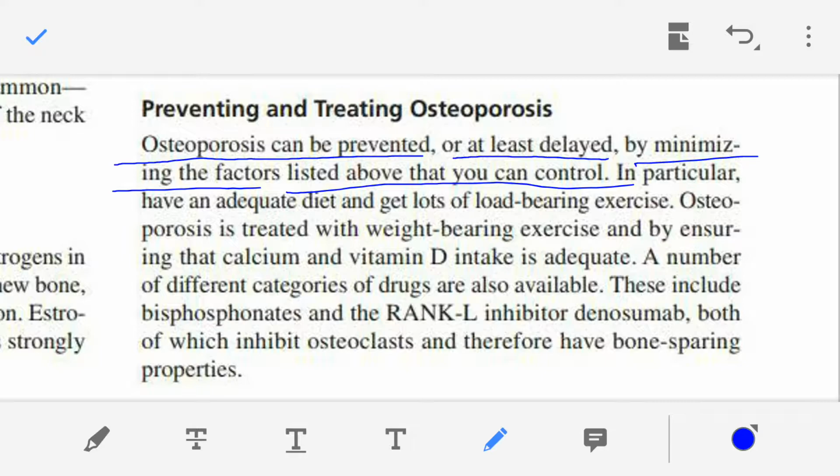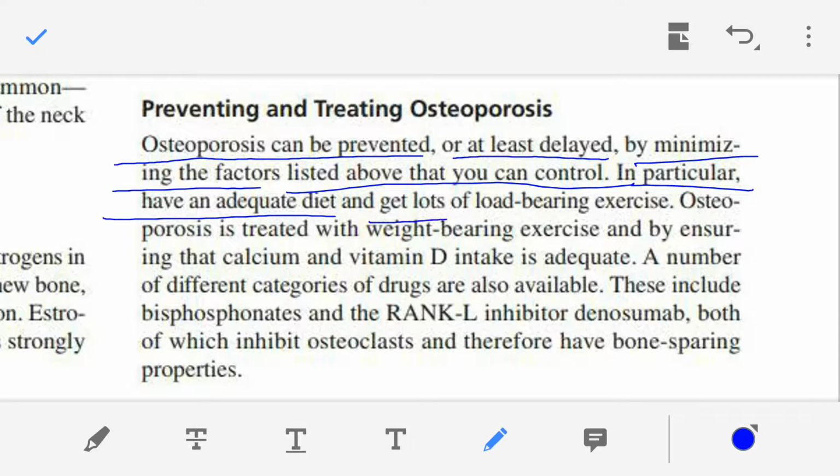If we stop all the bad habits that we have discussed, we can prevent ourselves from suffering from osteoporosis. In particular, avoid an inadequate diet. We should eat a balanced diet daily so that we can prevent osteoporosis.